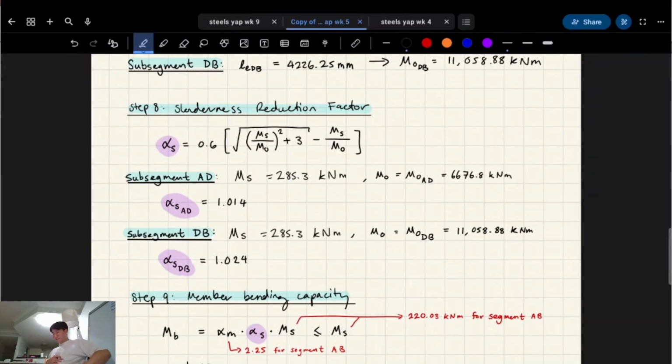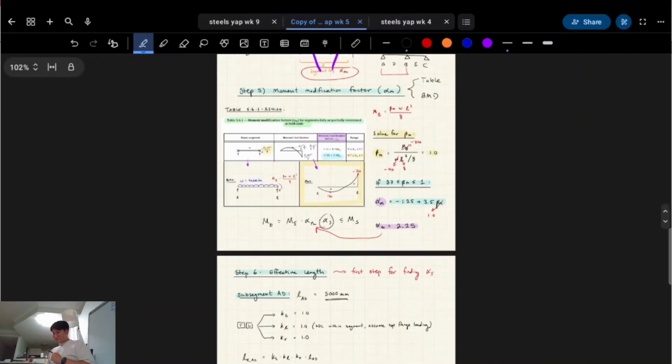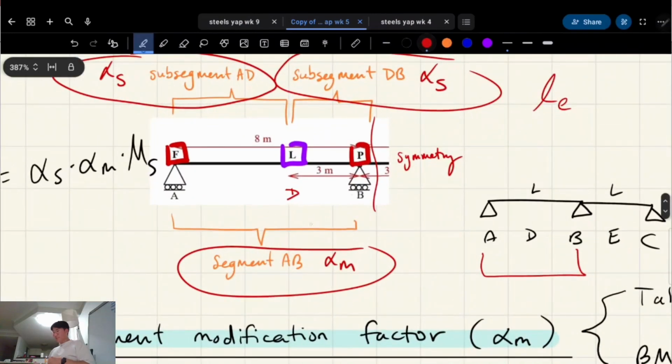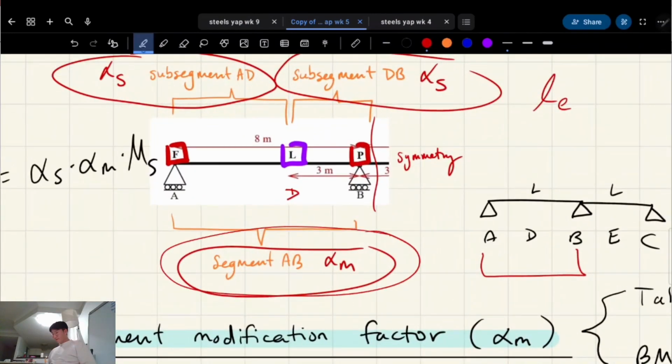Oh, so really we're only checking between the lateral supports. Between the lateral restraints. So we never check A to B because there's a lateral restraint. Wait, say it again. Oh, that's for subsegments, right? So it looks like we were checking 3, but really we are only checking 2, and segment AB is just an intermediate value.